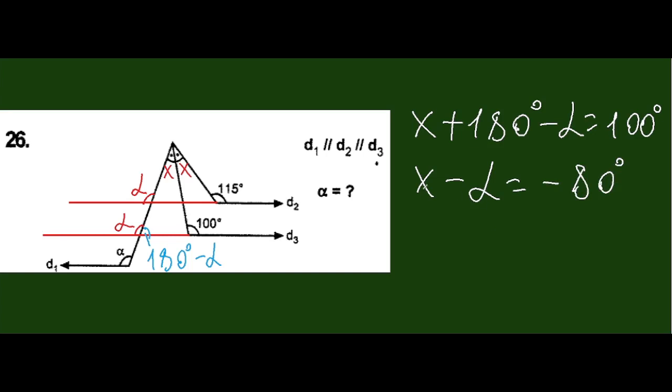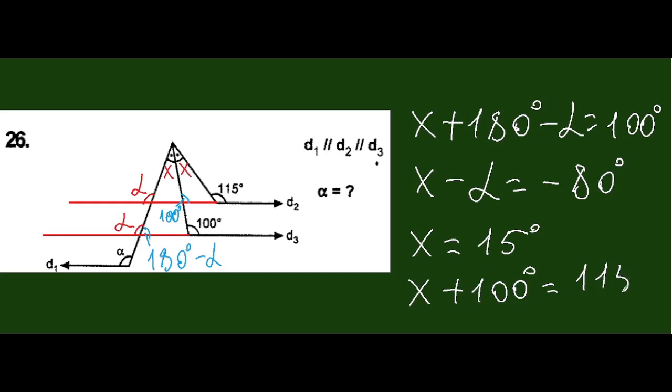So the next step, as I wrote, this angle will be 100 from corresponding angles, and then x plus 100 will equal 115. Let me write down this: x plus 100 degrees equals 115 degrees.